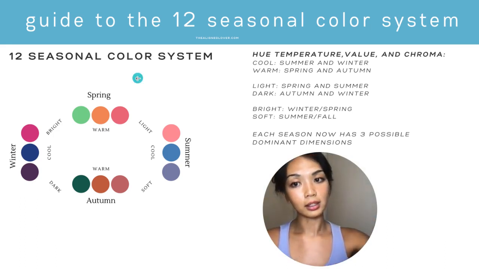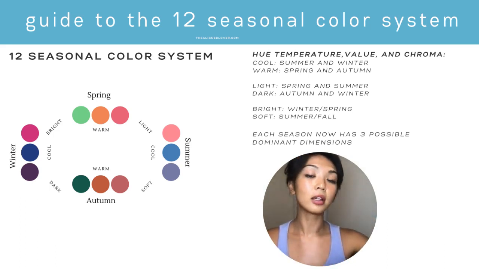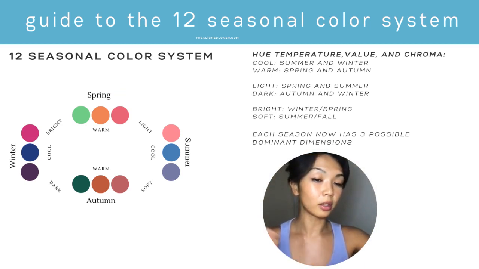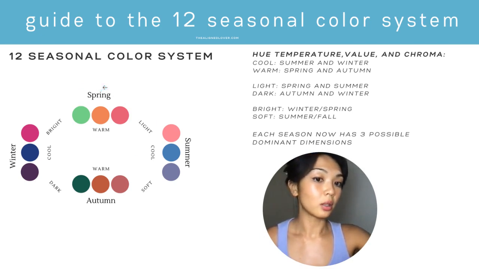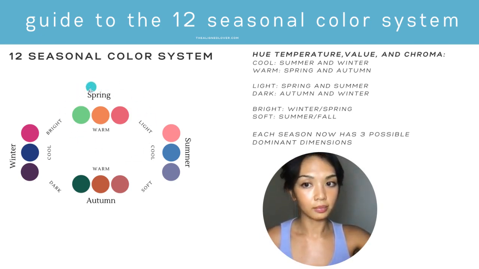So each season is going to have 3 different variations thanks to the addition of the chroma and the dominant aspects. So starting off at spring, this will be more clear as we go through the seasons. We have spring, which is originally warm and light.